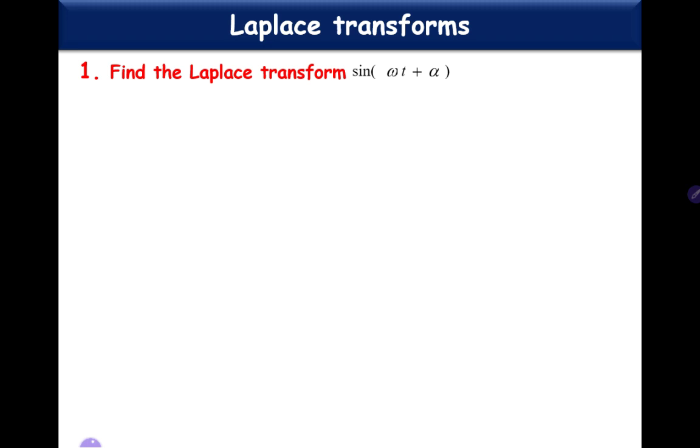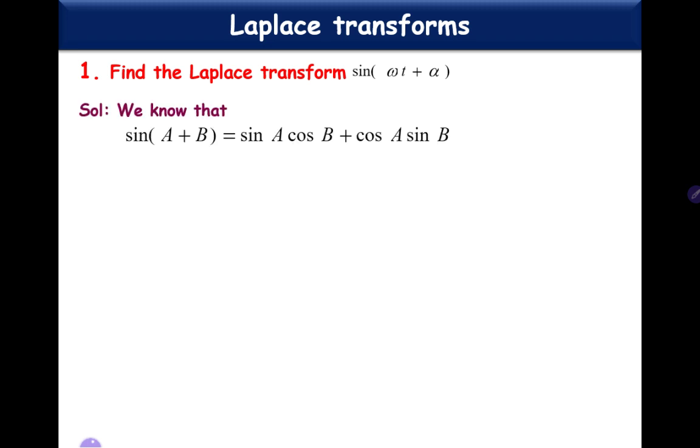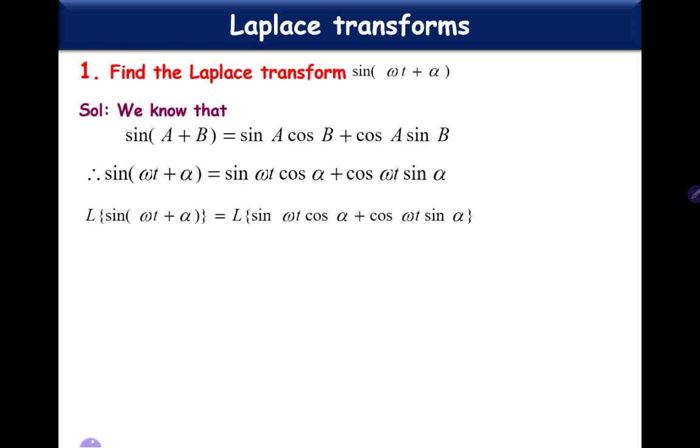Sine of a plus b is equal to sine a cos b plus cos a sine b. Now in place of a, let us put omega t, and in place of b we take alpha. Then sine of omega t plus alpha is equal to sine omega t cos alpha plus cos omega t sine alpha. Now apply Laplace transform on both sides.